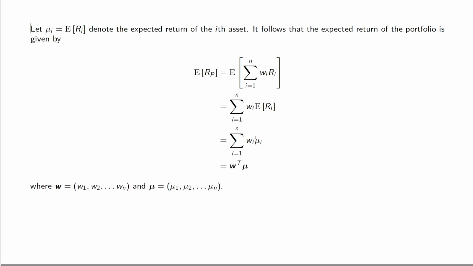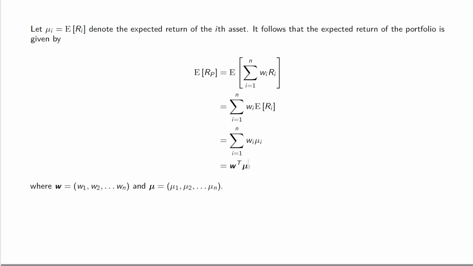And so, using the notation that we had before, we can write the summation simply as the weight vector transposed multiplied by the expected return vector mu.